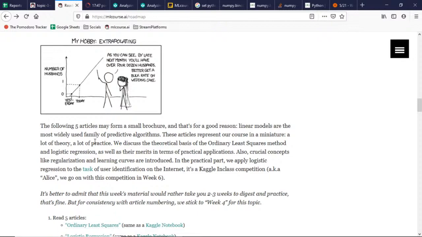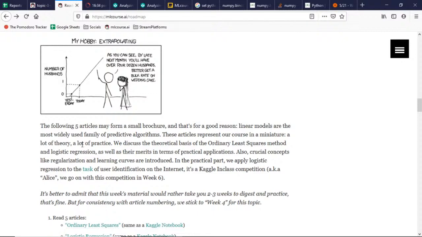Following 5 articles may form a small brochure. Linear models are the most widely used family of predictive algorithms. These articles represent our course in miniature. A lot of theory, a lot of practice. We discuss the theoretical basis of the ordinary least squares method and logistic regression, as well as their merits in terms of practical application.